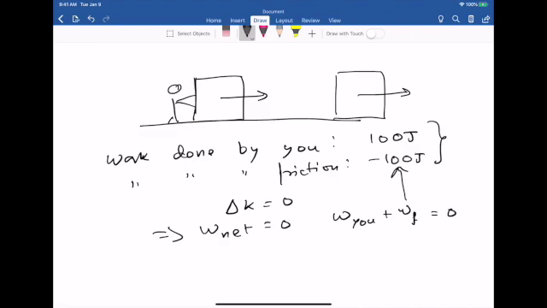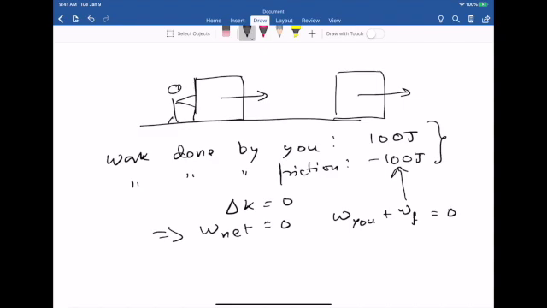So what does it mean to say that you did 100 joules of work? In the previous slide, we talked about the physical significance of work. So work done by a force on a system simply signifies how many joules of energy was supplied to the system. So you supplied 100 joules of energy to this system, which is the box, right? Where did that 100 joules of energy come from?